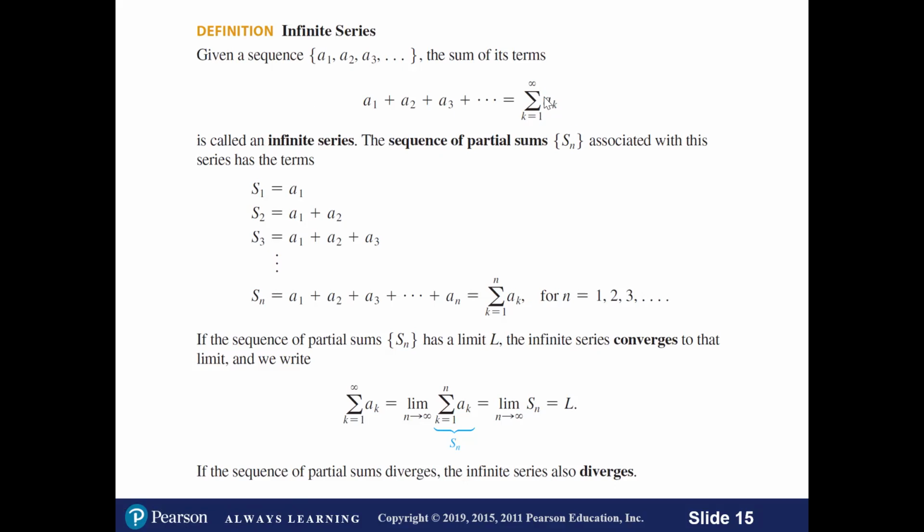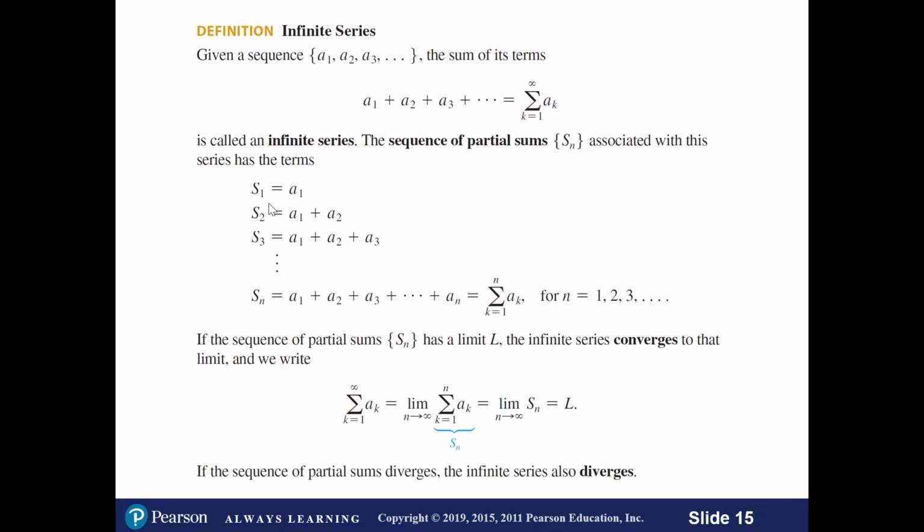And notice the notation. This is the Greek letter sigma, which is the Greek letter S, and so that represents sums. You've seen sigma before, I think, when you defined your Riemann integral, say. But this is telling us k equals 1 to infinity, so we're going to add up an infinite number of terms, and k here is called the index.